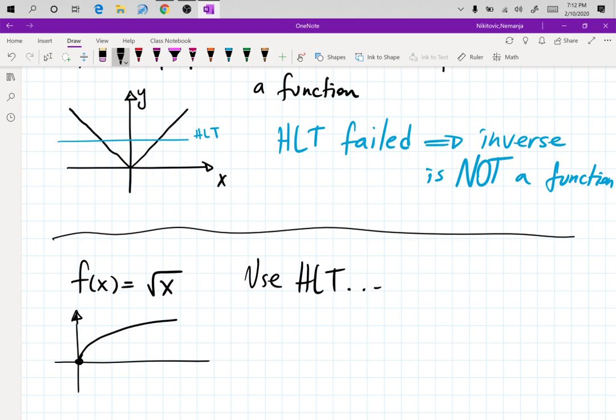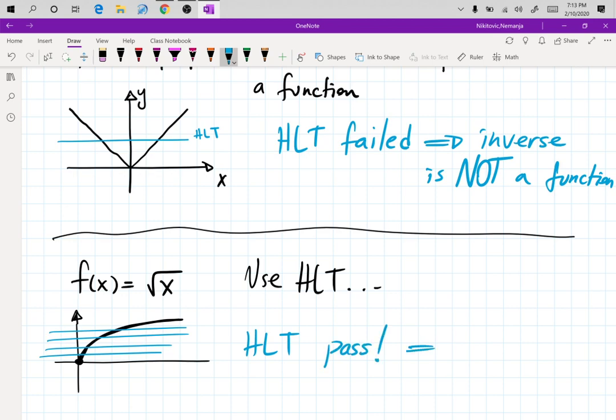Like a hook. Good. Does this pass HLT? Yes. You can draw a couple of HLTs. Pass. HLT. Pass. Inverse is a function.